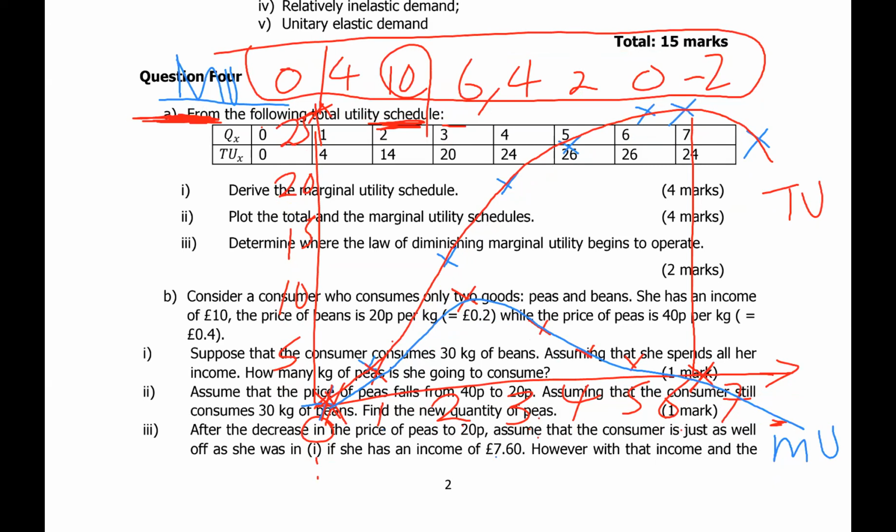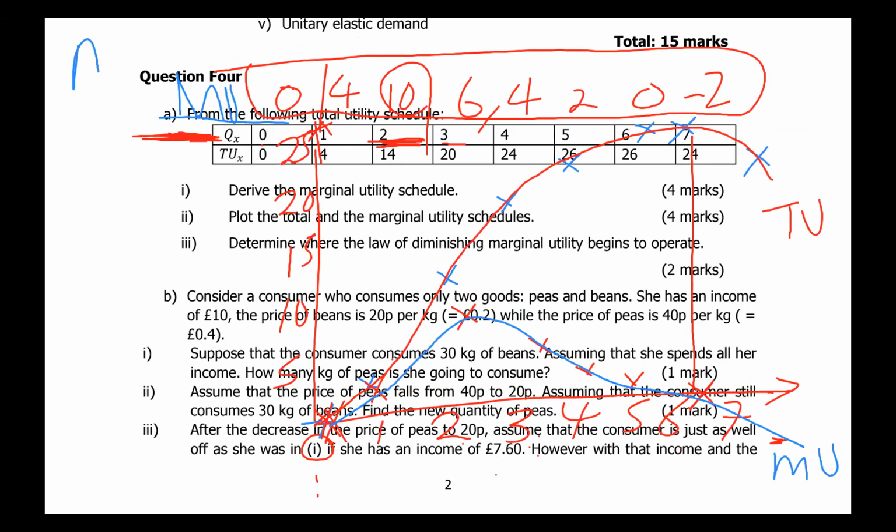So this is the schedule for marginal utility, okay? So how do you find marginal utility? You take the higher total utility, TU2, minus the lower total utility, then you divide by quantity 2 minus quantity 1.